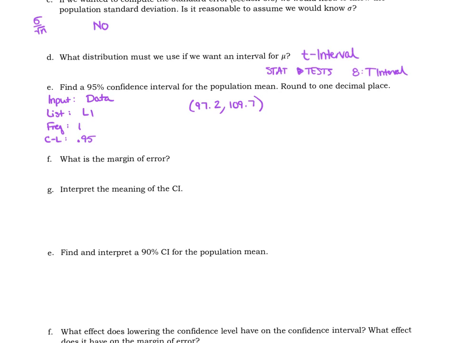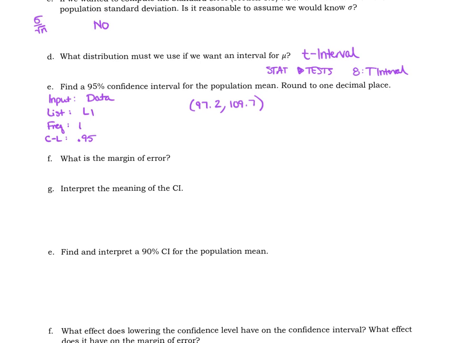You can also subtract the two boundaries. I'm going to do it that way, since I haven't done it that way for a couple problems: 109.7 minus 97.2, and divide by 2, and you will find out that our margin of error is about 6.25 minutes.